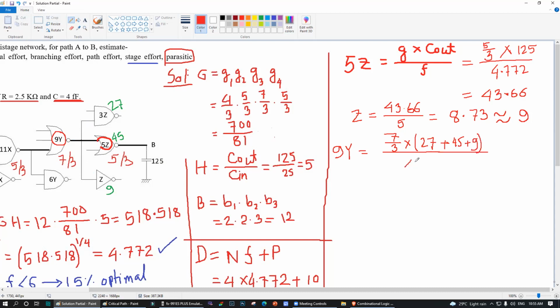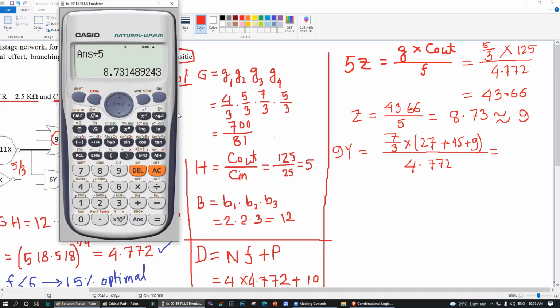And lower you will have 4.772. Okay, 7 divided by 3 into bracket 27 plus 45 plus 9 close, divided by 4.772. Your value is 39.61.